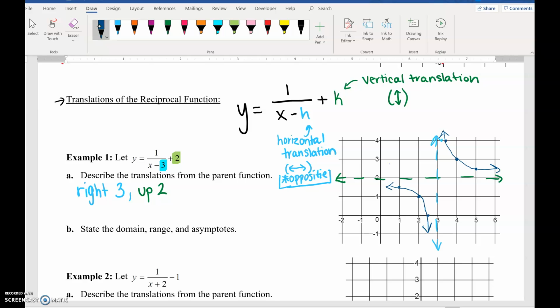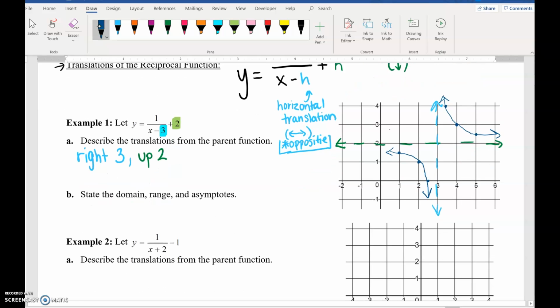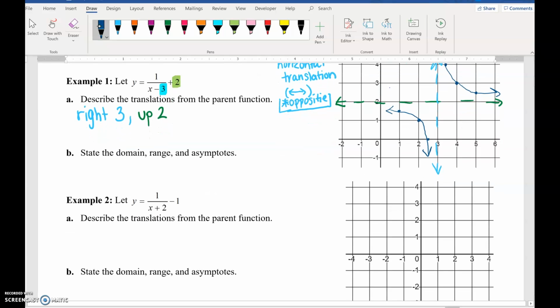Most of your graphing for this unit for our class will be on Desmos, so the important thing is to be able to identify the translations. So domain, x is all real numbers except x cannot equal 3. That's where our vertical asymptote is.